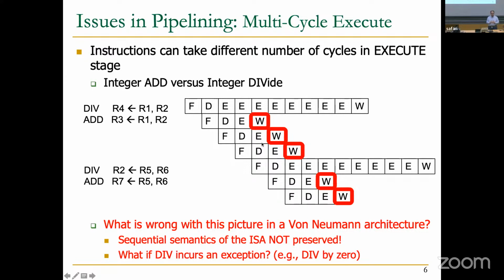Normally your code should not continue normally after this division, because the division was not correct. But if we don't preserve the ISA order, we don't know what instructions have committed or not, so we don't know how to recover the state. So this is wrong, and we want to make sure instructions are committed in order, and we're going to see how.